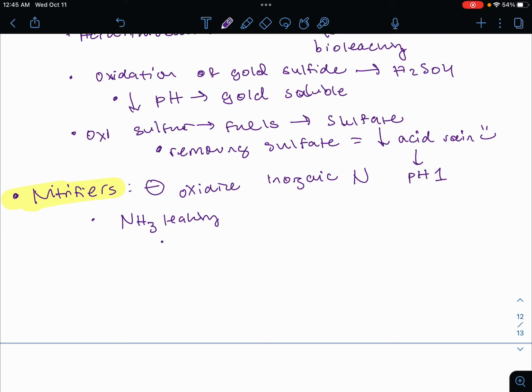And the problem is the ammonium nitrogen can deplete water O2 if the wastes are high in ammonium. Oh, I wrote that backwards. Sorry about that. NH3, not HN3.